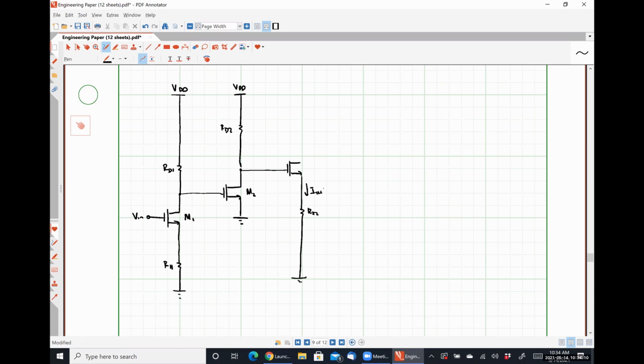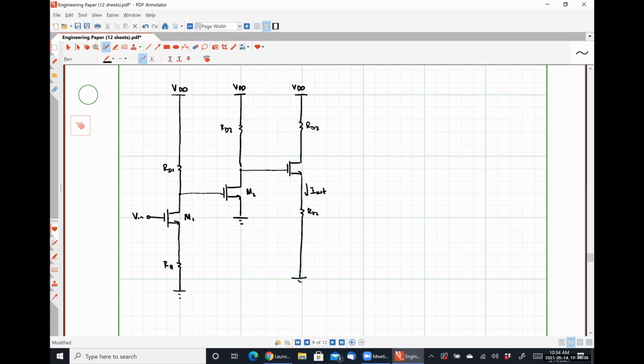Here is my output current, I out. Here is VDD. And here is RD3. So this is just 3 common source stages cascaded into each other. 2 of them happen to have degeneration, okay?